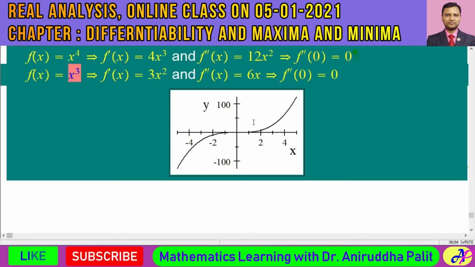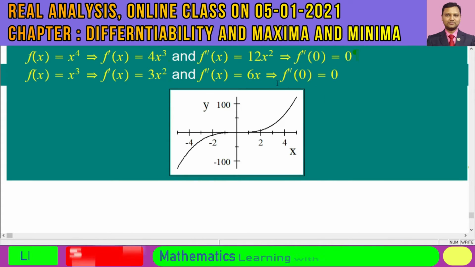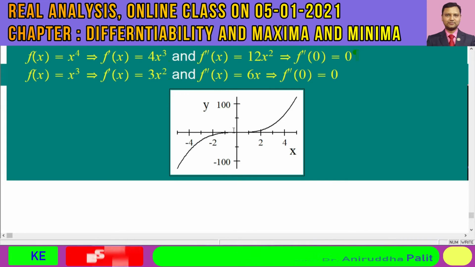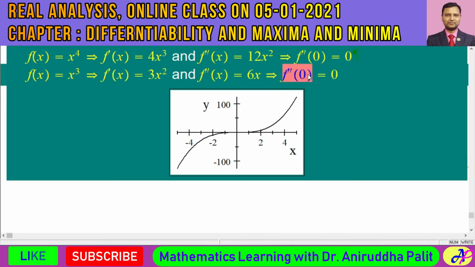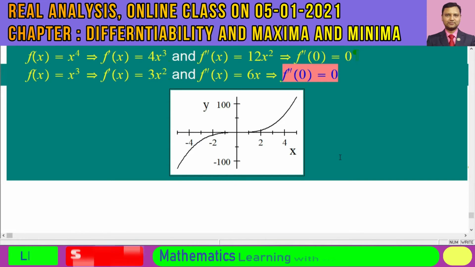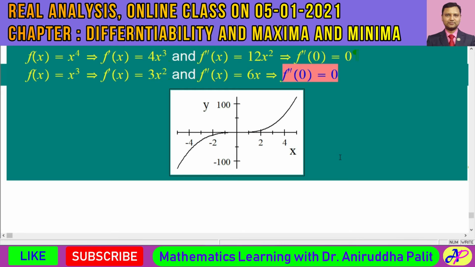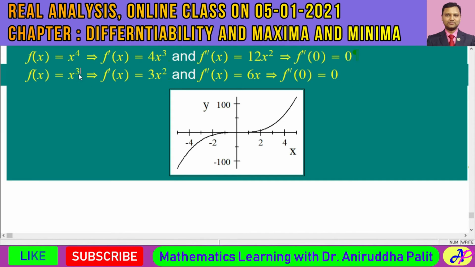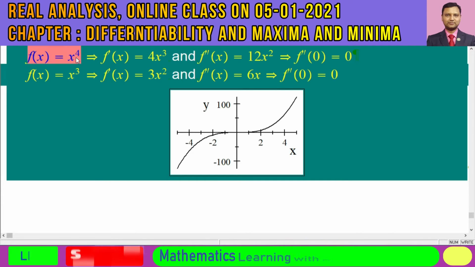And this is the graph of the function x cube, and over here it does not have any minimum value or maximum value at the point 0, but still over here f double dash at that particular point 0 becomes equal to 0. Now how to conclude whether the function has any maximum value or minimum value at all?